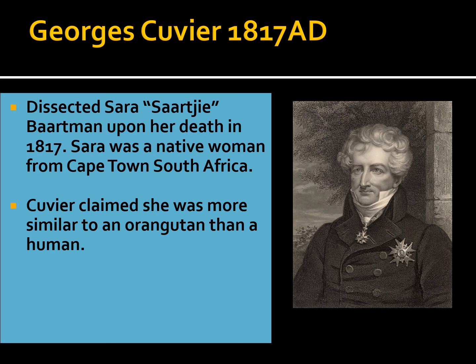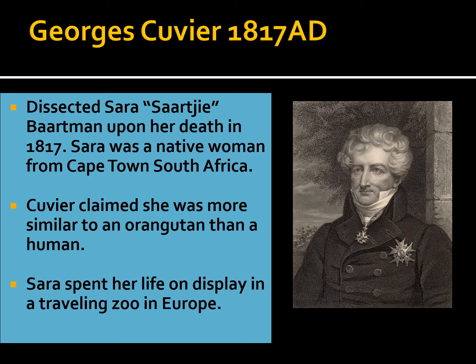And Cuvier claimed, rather fraudulently, that she was more similar to an orangutan than she was a human, right, in terms of her anatomy. So Sarah, unfortunately, had a tragic history in terms of her life. She spent her life on display in a traveling zoo in Europe.